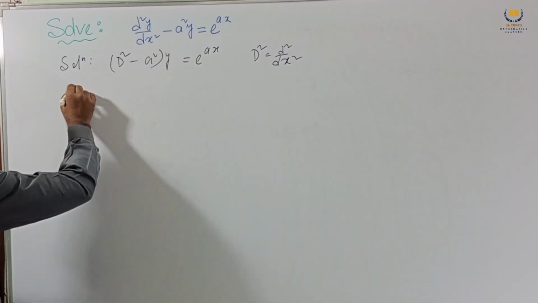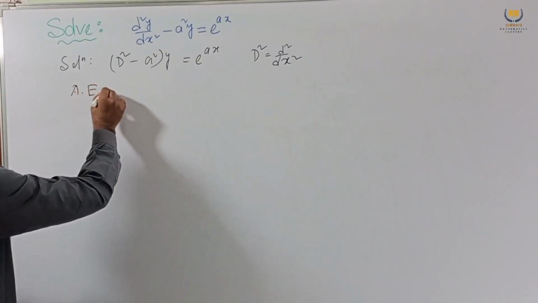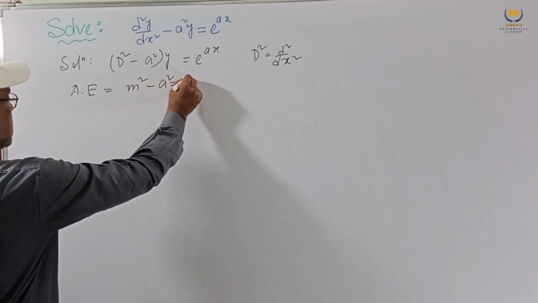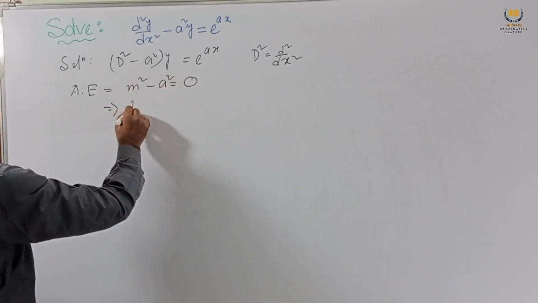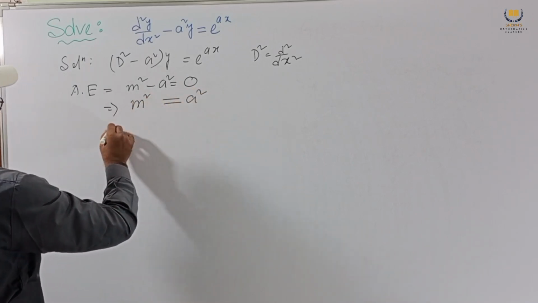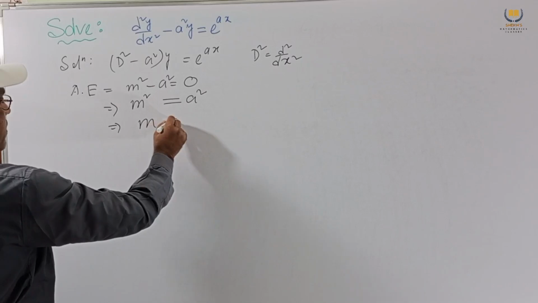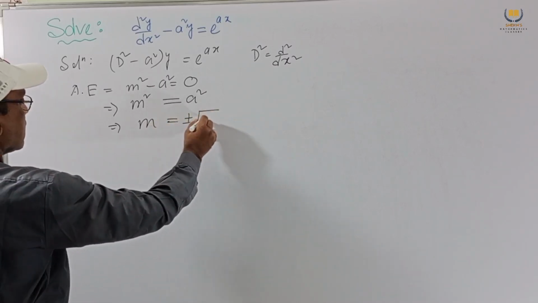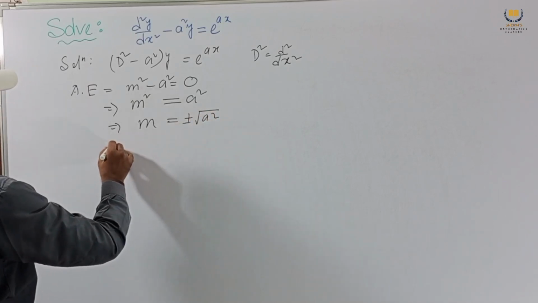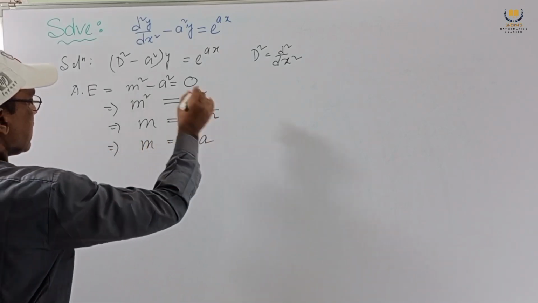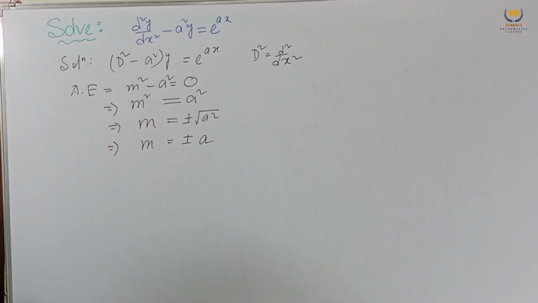Now auxiliary equation, m square minus a square equal to 0, m square equal to a square, m equal to plus minus root over a square, and m equal to plus minus a.